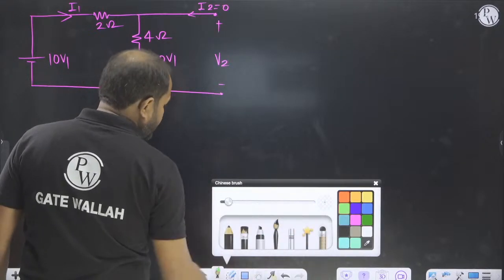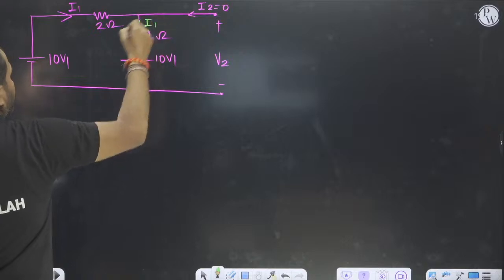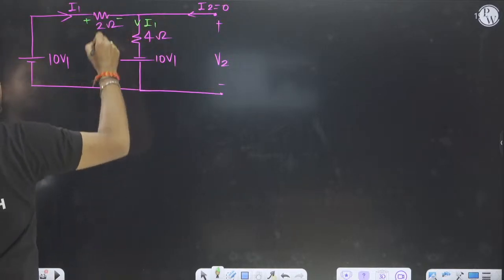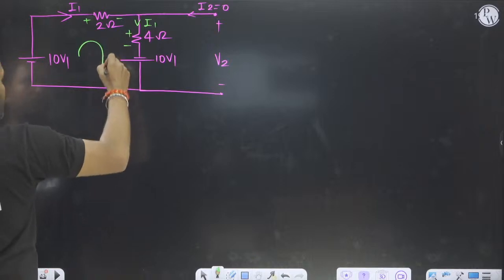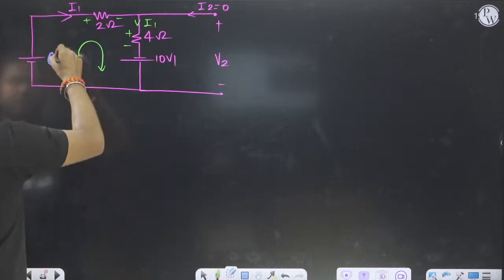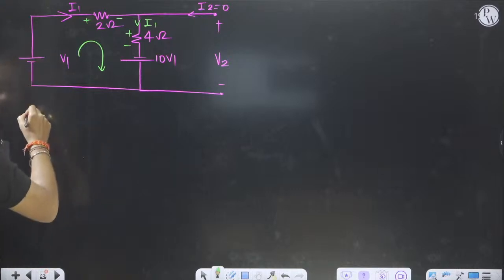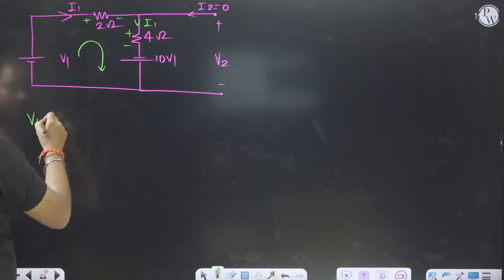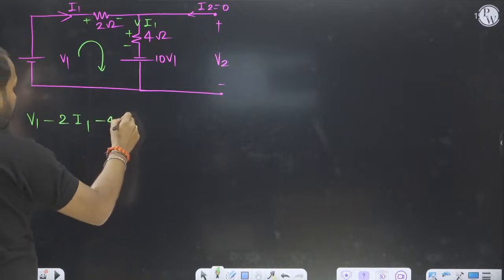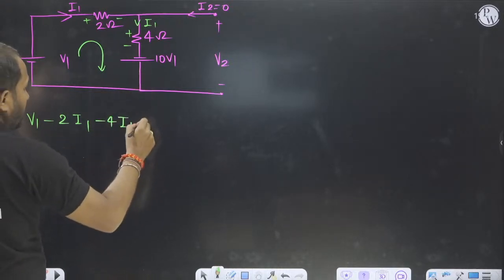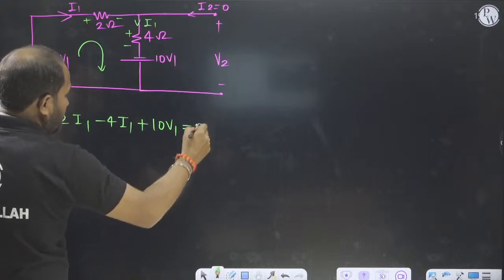We will do nothing, just go through this question. The I1 current will be flowing like this. KVL: minus to plus V1, plus to minus 2I1, plus to minus 4I1, and minus to plus 10 V1 is equal to 0.